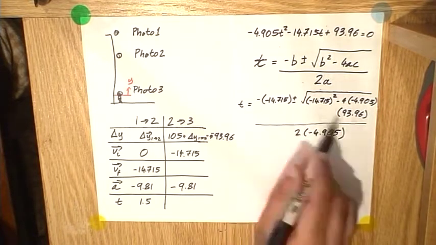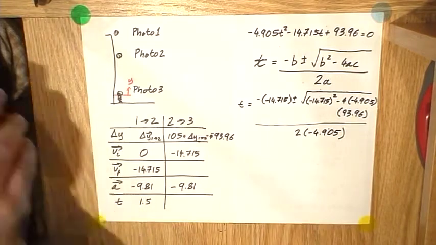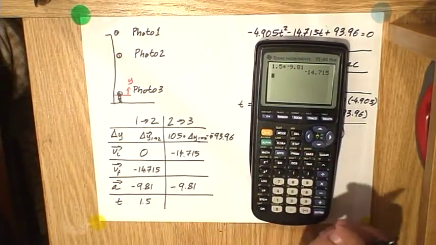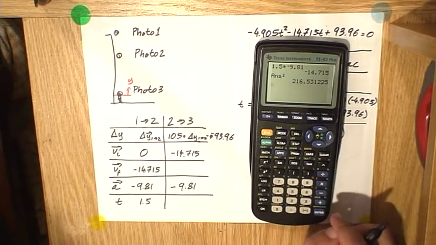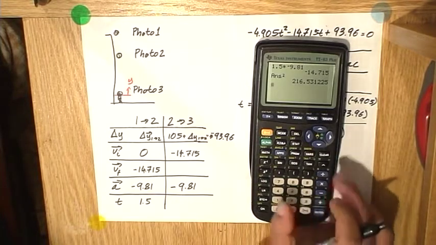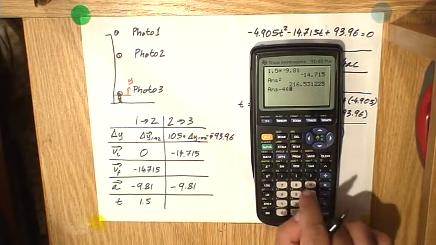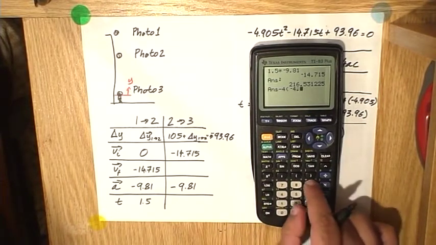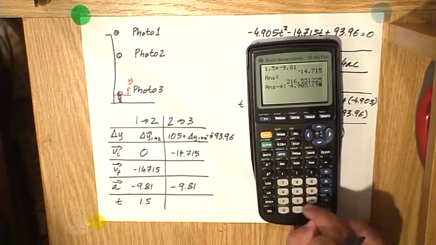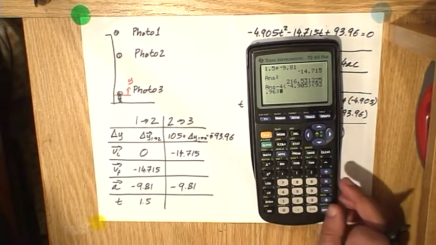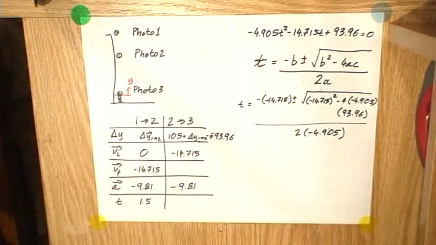So, let's start simplifying this somewhat. Negative 14.905 squared is 216.531. So that minus 4 times negative 4.905 times 93.96 gives us 2060.02.